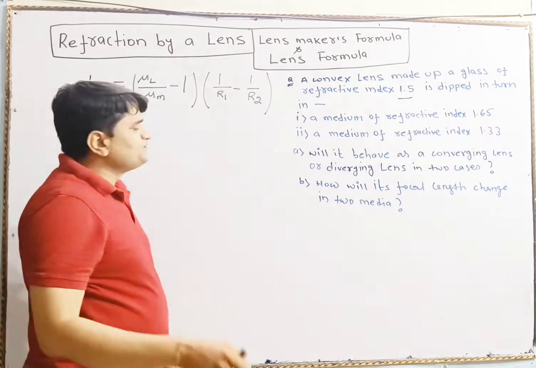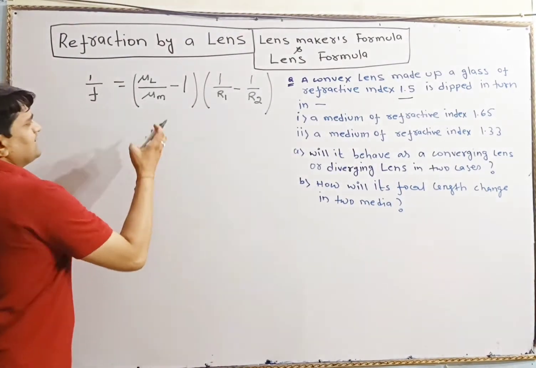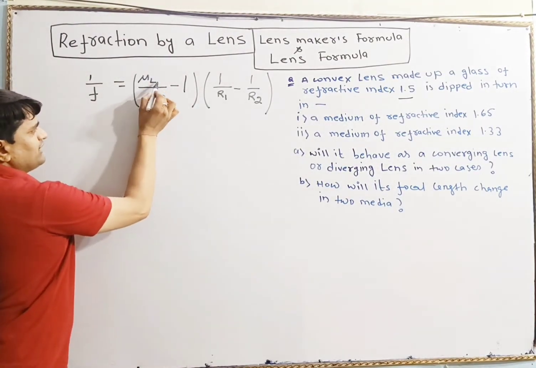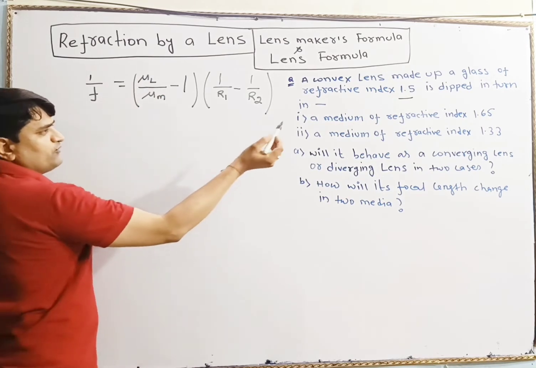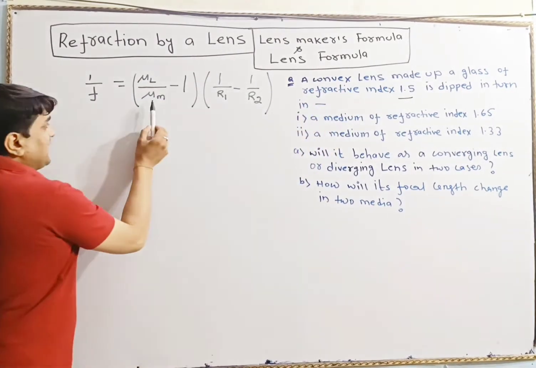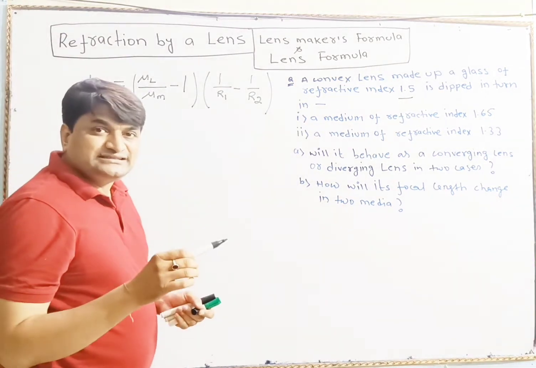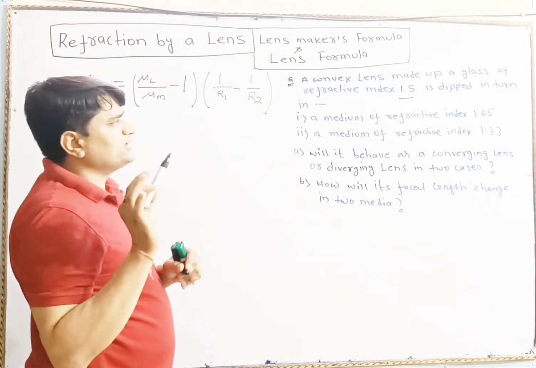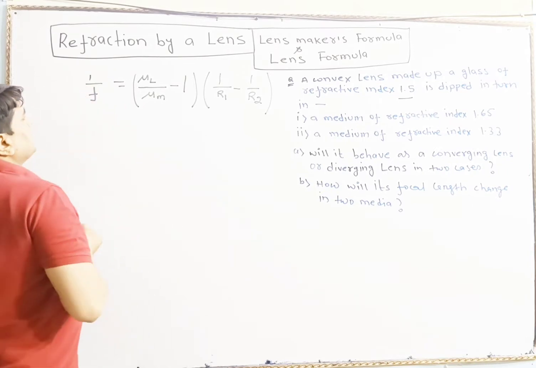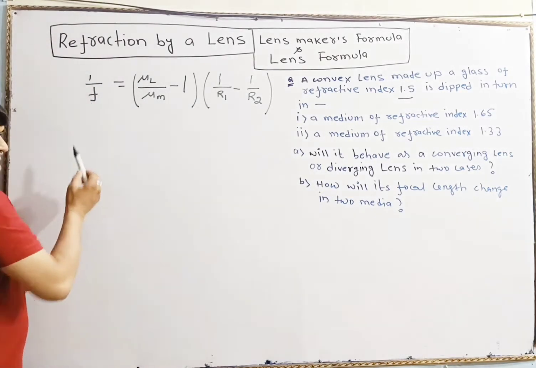It's for sure. Okay. See here, this is mu L, the lens, and it is given as 1.5, and this is mu m, the medium in which the lens is immersed or dipped. And this is f.